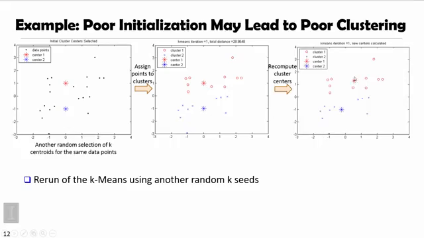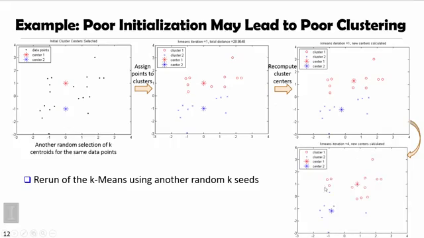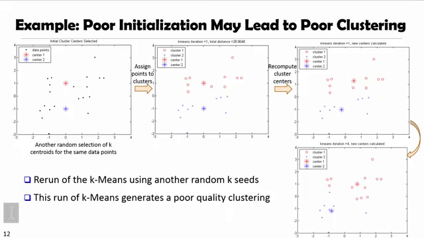Then we can recalculate the centers again. You can probably see the centers actually moved. With this recalculation, we can reassign those points. You can run this a few rounds. Finally they stabilize like this, but actually this is not a very good clustering at all. That means this round of k-means generates a poor quality clustering.